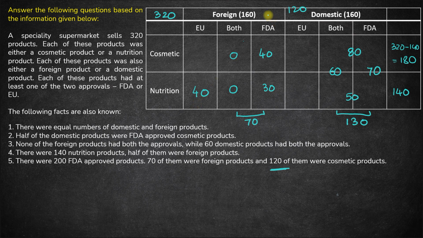Since we have a total of 160 foreign products, how many do we have so far? 40 plus 40 is 80, 80 plus 30 is 110. Out of 160 we already have 110, so the remaining 50 must be cosmetic only EU approved foreign products. So this is what we have for foreign products.